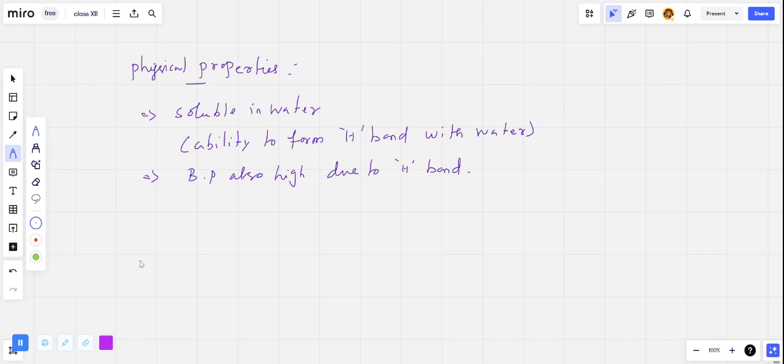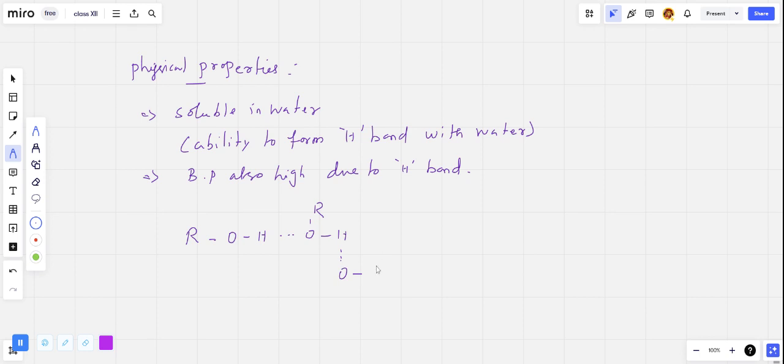For example, the OH group in alcohols and phenols. If you take an alcohol, R-OH, when it is combined with another alcohol, it will be like this, and this again will react with another alcohol.